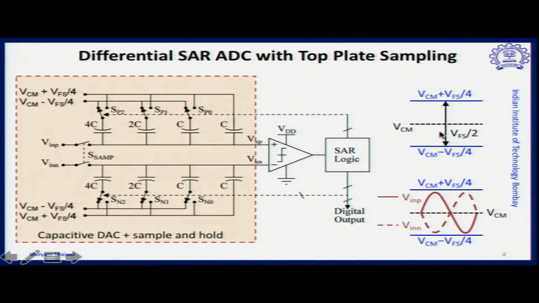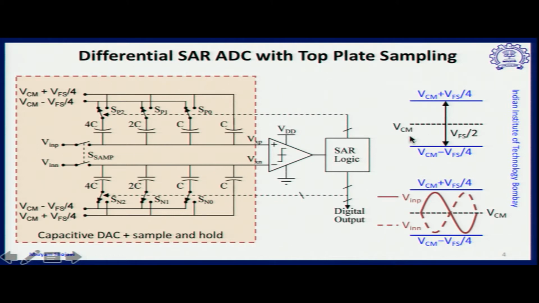We have a common mode level, VCM, because we are talking about a single supply system. And as you observe, the comparator is a single supply comparator. Therefore, the analog input needs to have a common mode level. So this common mode level is shown with VCM.